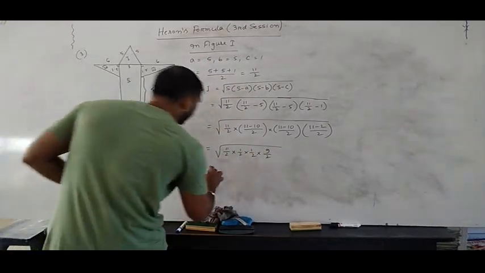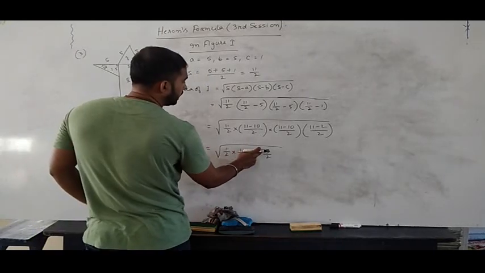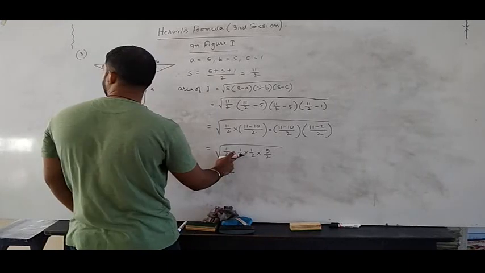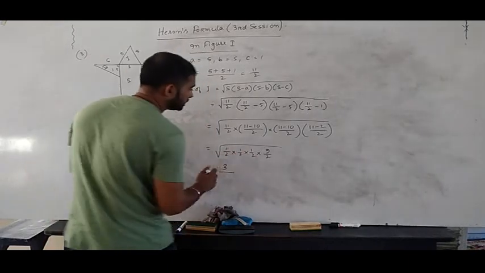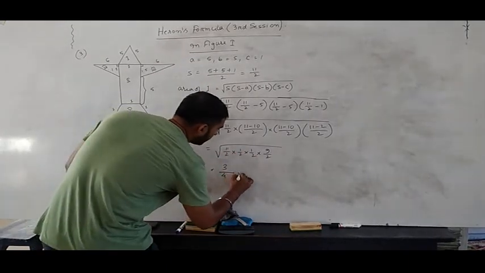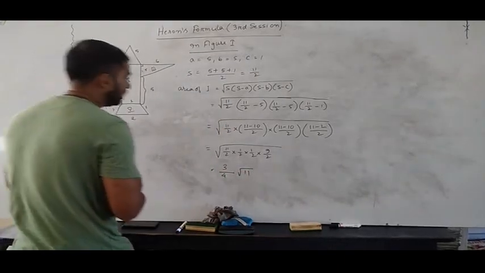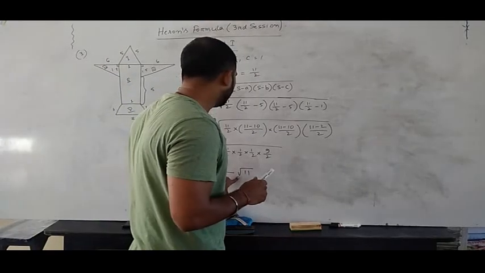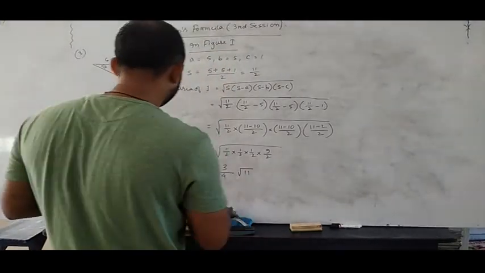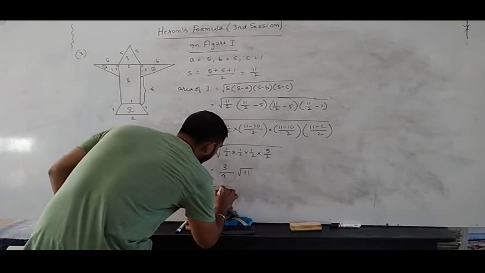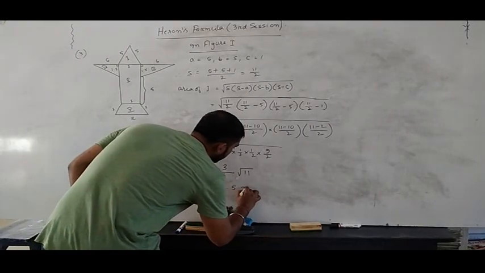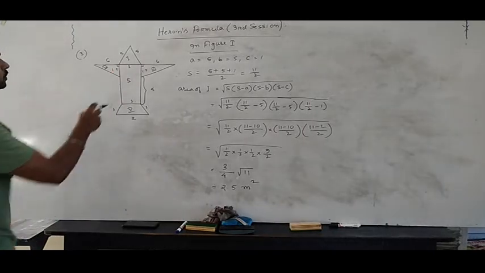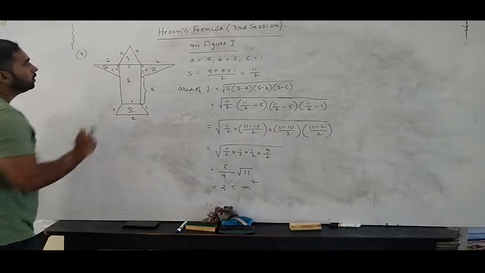That is equal to the square root of 9 equal to 3, and square root of 2 to the 4, 4 to the 8, 8 to the 16 is equal to 4, under root 11. Now after doing calculation, in this question the value of under root 11 will be given, and after replacing it we will get the value 2.5 square meter. So this is the area of the first part, whose dimensions are 5, 5 and 1.